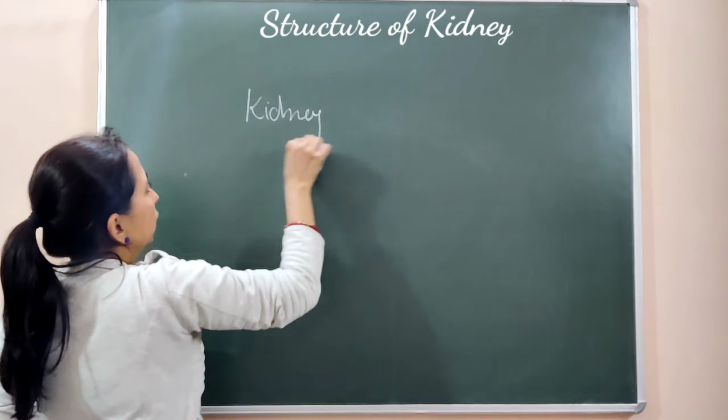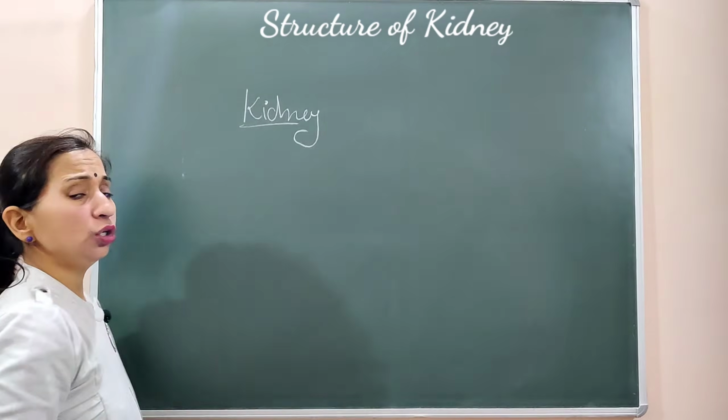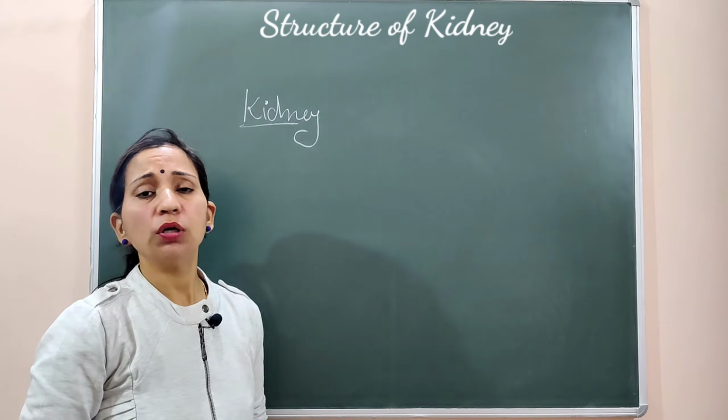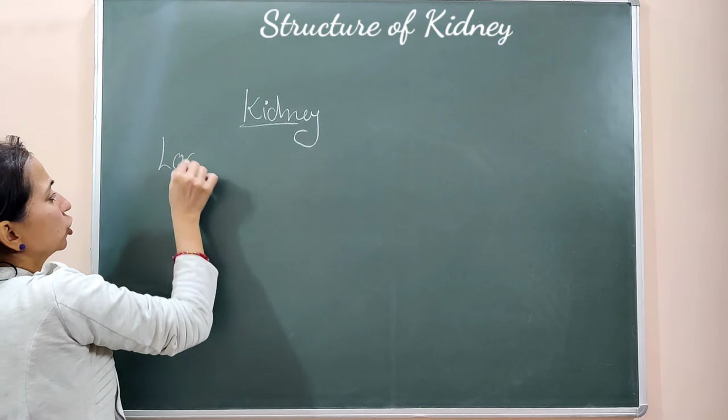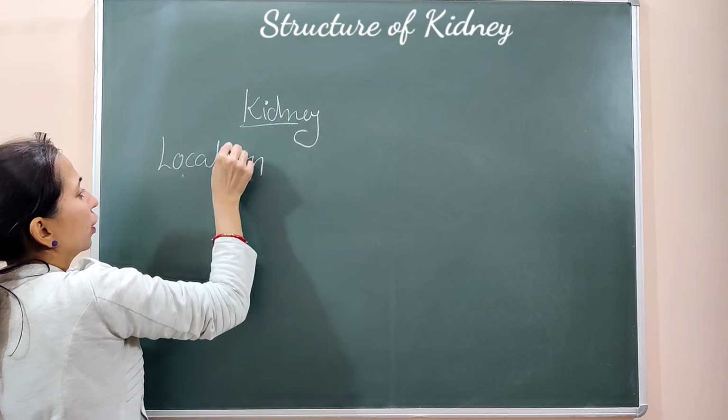As we know, in the human body two kidneys are present, or one pair of kidneys. First of all, we will talk about their location, where the kidneys are located.